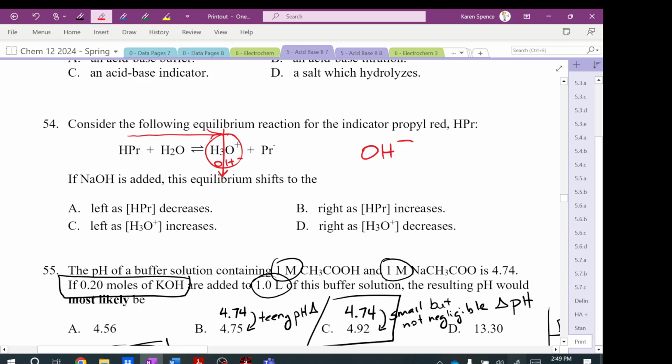So it shifts to the right. And if it's shifting to the right, we have two choices. We have HPR increasing, which is not true. I don't like the word as here. I would say because H3O plus decreases, but it's the best answer out of the ones that they've given us, so I would go with that.